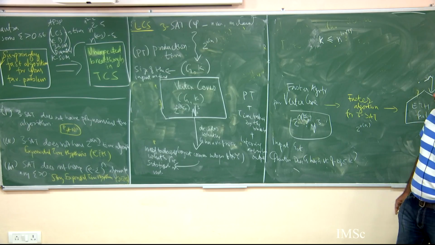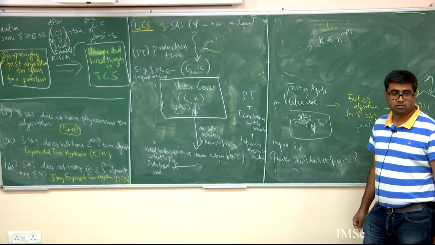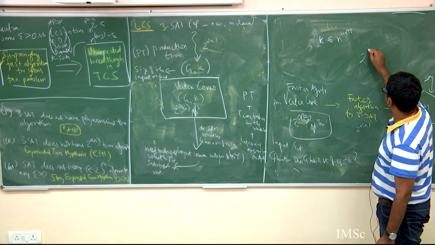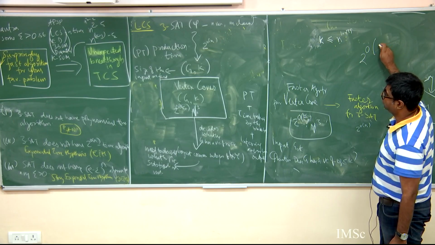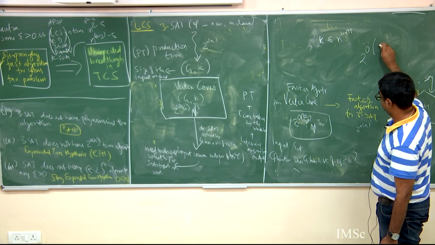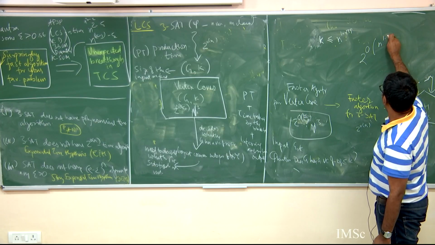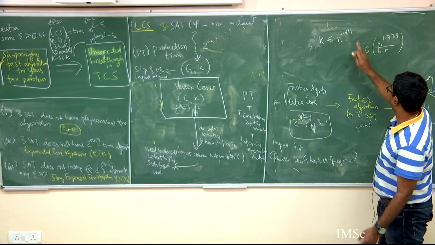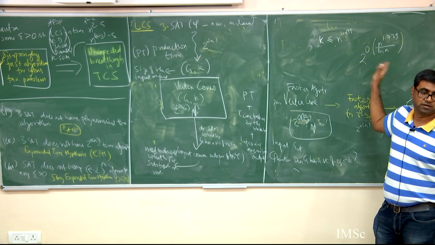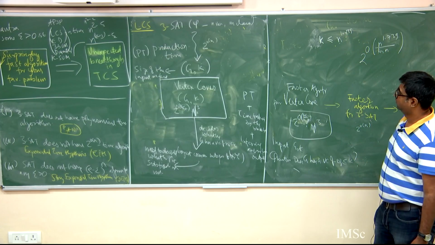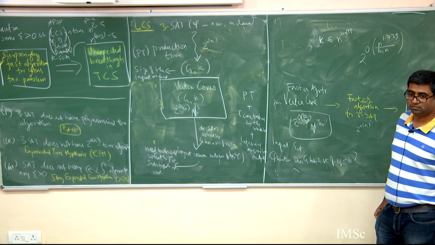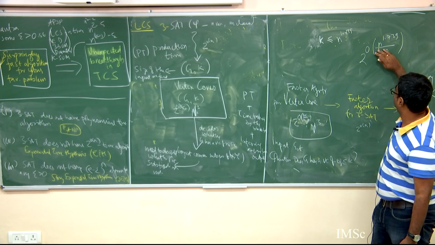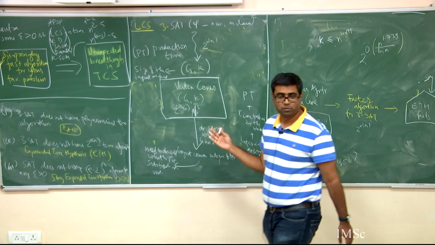Now, when I feed this algorithm, what is it going to return? N to the power 1.739 by log n, some constant. 1.739 into log n. This algorithm is more than 2 to the power big O of n.